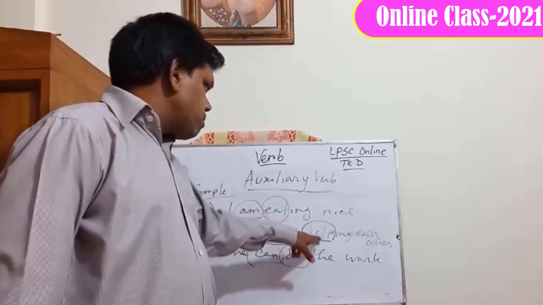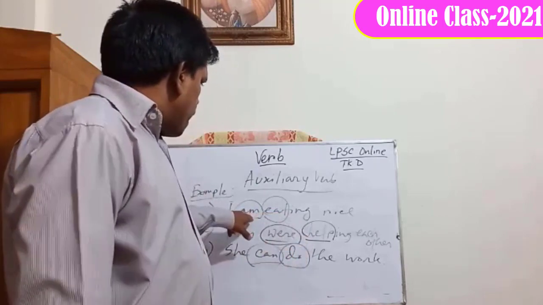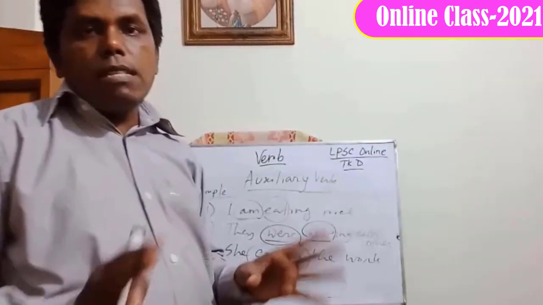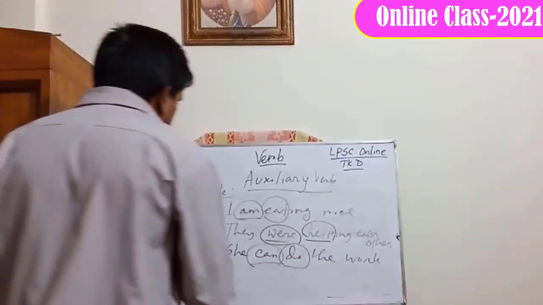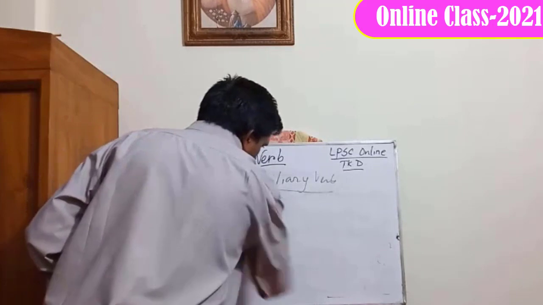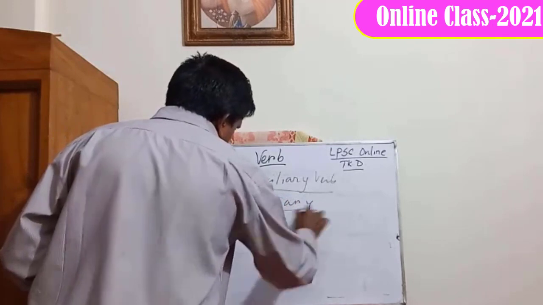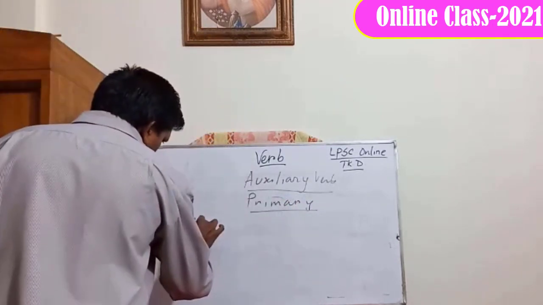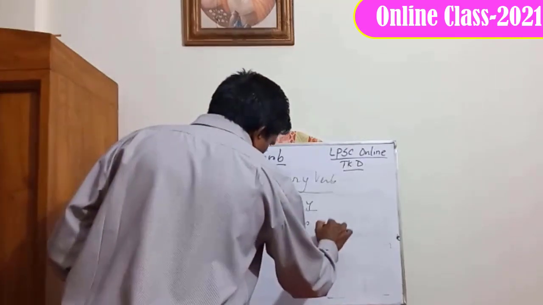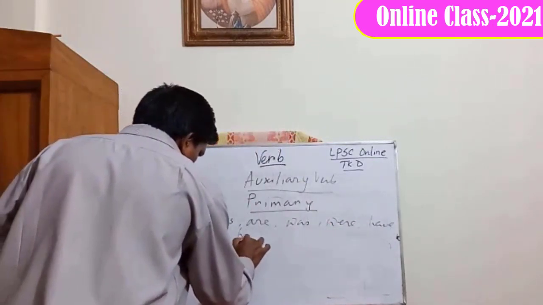Look, every time you are saying this, find the principal verb, and am or can are only helping this principal verb to make sense of the sentence. Okay, and this auxiliary verb has two kinds. I told you before that it has two kinds, and they are primary auxiliary and modal. The primary auxiliaries are am, is, are, was, were, have, has, had.